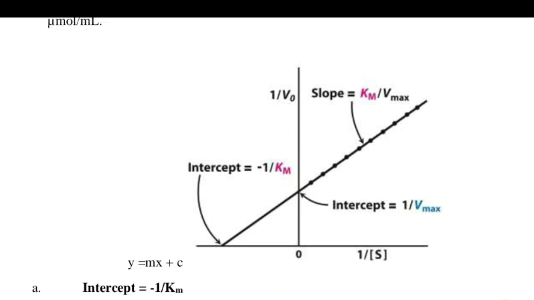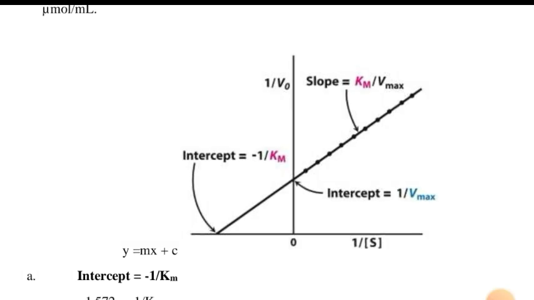But let me first of all explain a Lineweaver graph for you. A Lineweaver graph is formed from the inverse of Michaelis-Menten, and so the graph is plotted as 1 over the velocity, the inverse of the velocity, over the inverse of the substrate concentration.